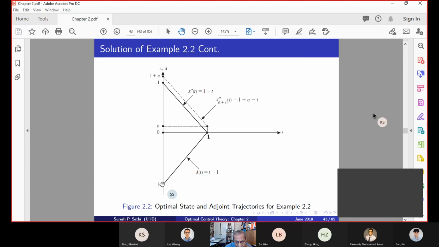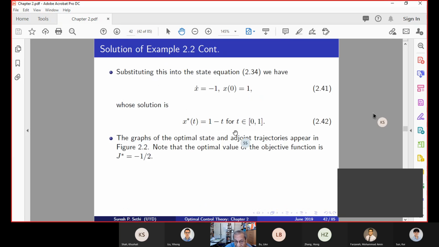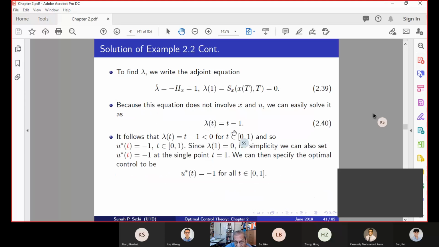Because it's minus 1 at the beginning, the control is minus 1, because the bang function tells you the control is minus 1. But lambda t is negative everywhere, except at t equal to 1 when it is 0.